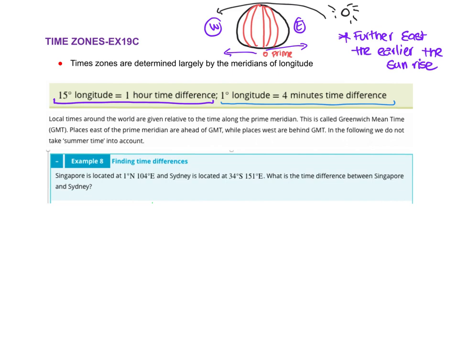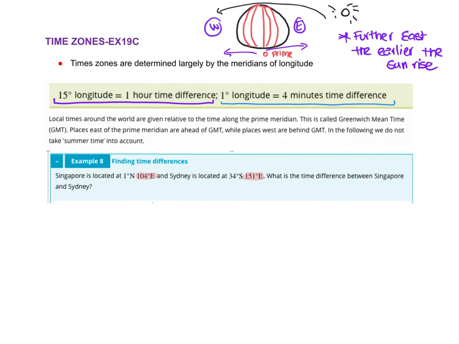Okay, so when you get these questions, if we look at this one here, it says Singapore is located 1 degree north and 104 east. So here's the longitude we're going to be looking at. And Sydney is located at 34 south and 151 east. What is the time difference between Singapore and Sydney?